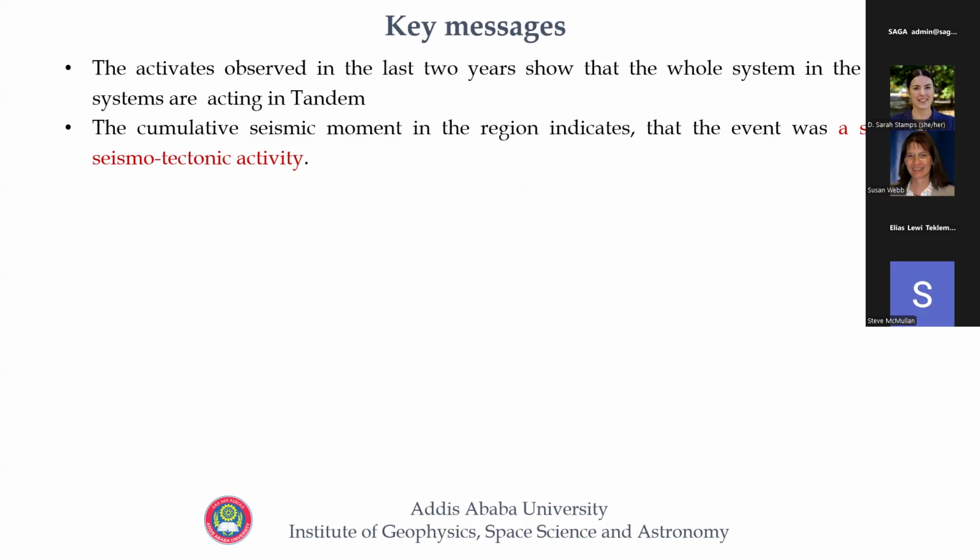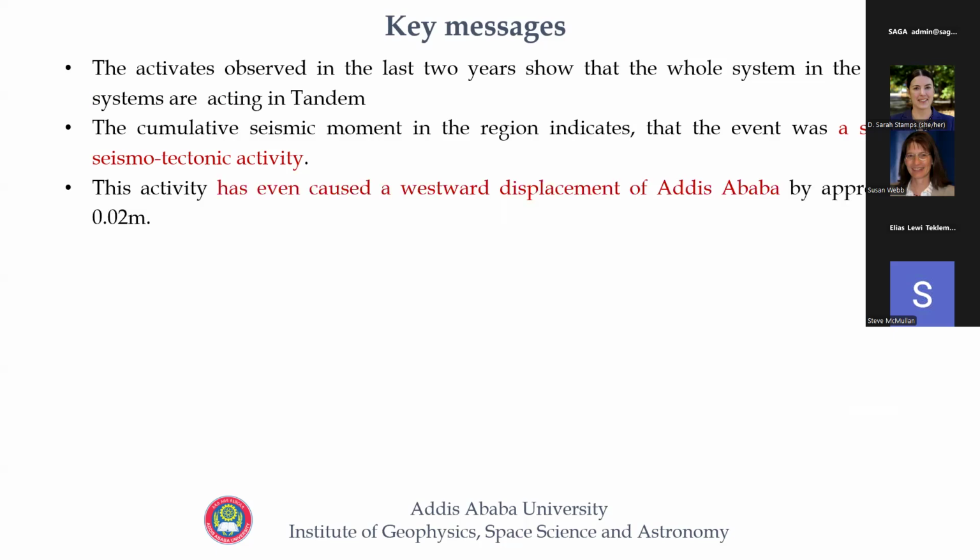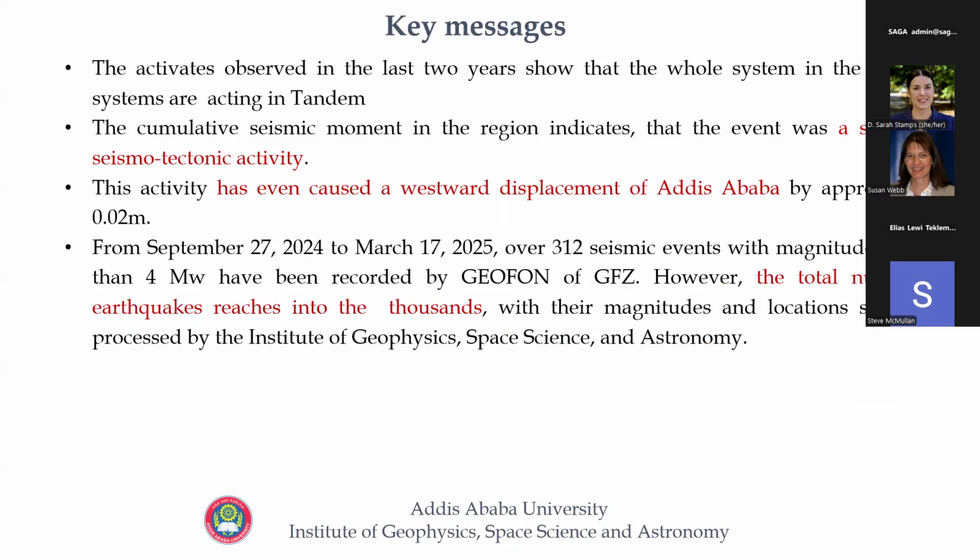the 3 rift system. The cumulative seismic moment in the region indicates that the event was a significant seismotectonic activity. It has caused even the westward motion of Addis Ababa, which is located about 140 kilometers west of this region.